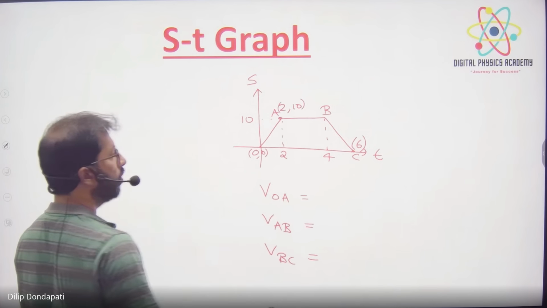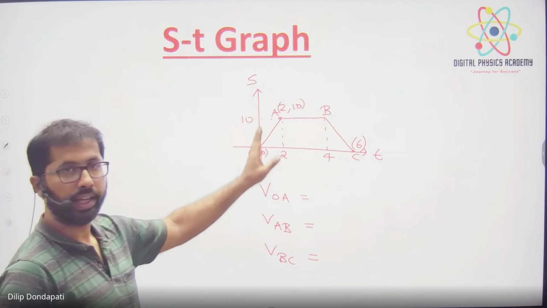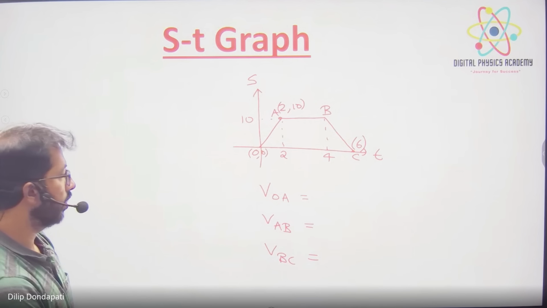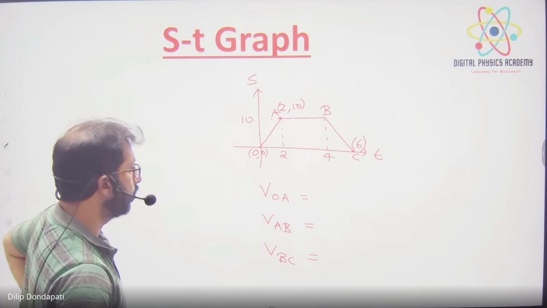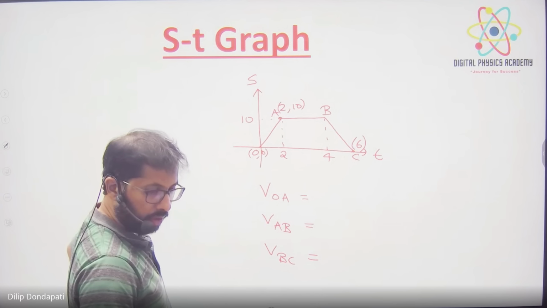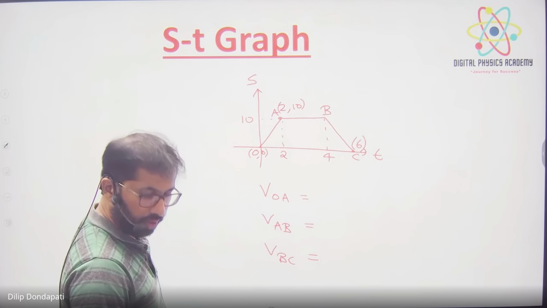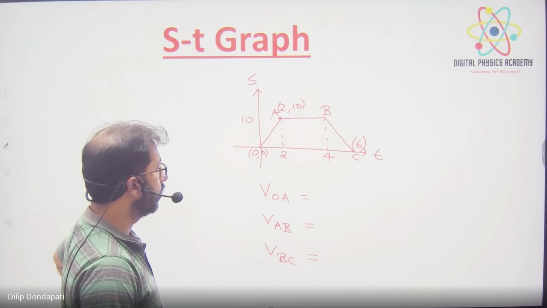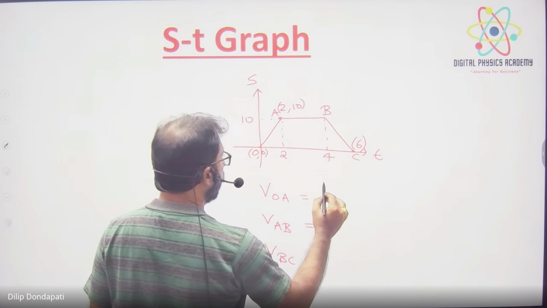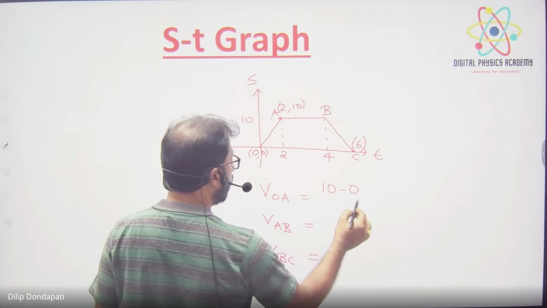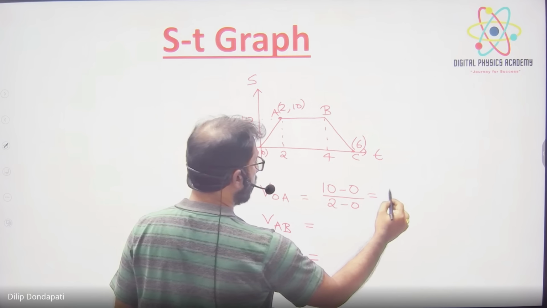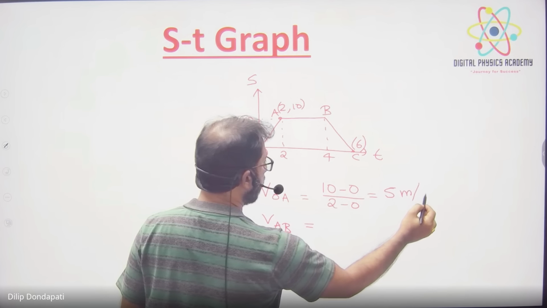Now find slope, x1, y1, x2, y2: y2 minus y1 by x2 minus x1. OA, how much did you get? 5. Yes, good. So 10 minus 0 by 2 minus 0. So 10 by 2 is 5 meters per second.